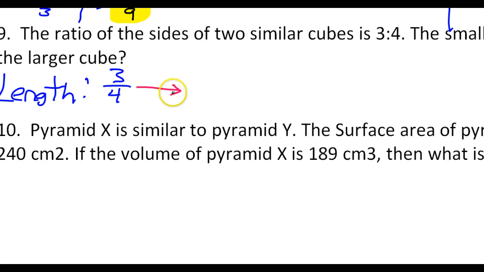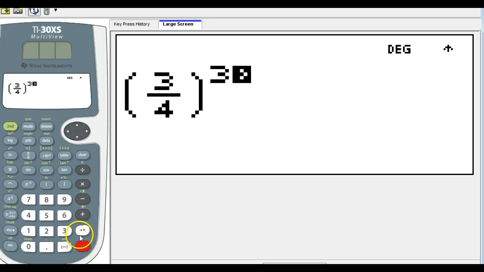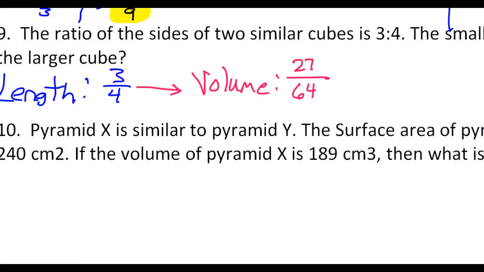To get the volume scale factor, we cube it. 3 to the third power is 27, and 4 to the third power is 64. So 27 over 64 is the scale factor we're going to use to solve the problem.